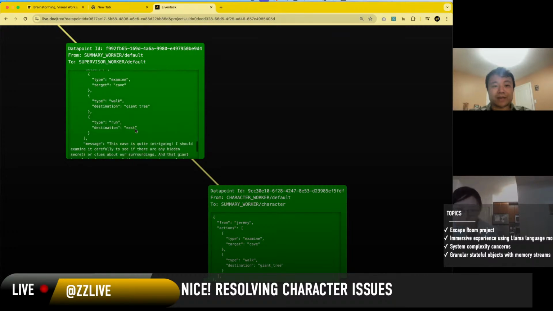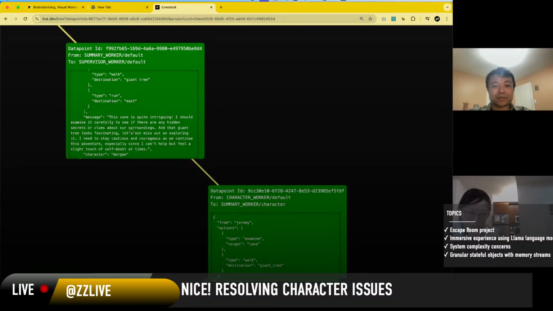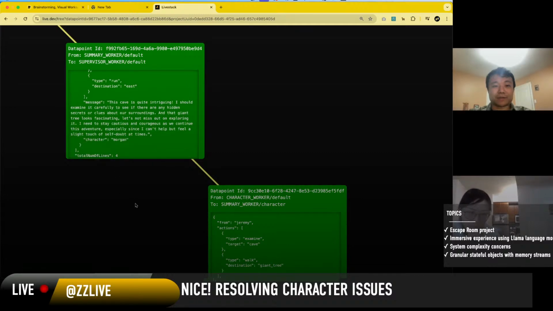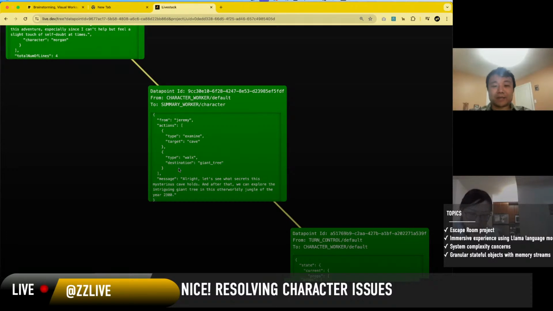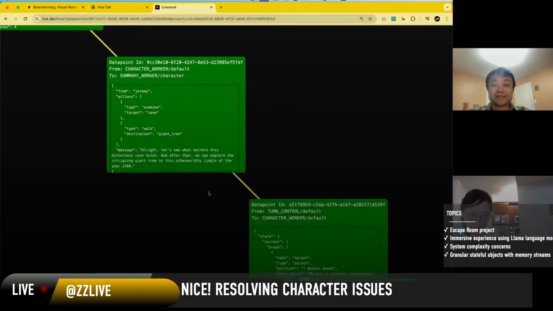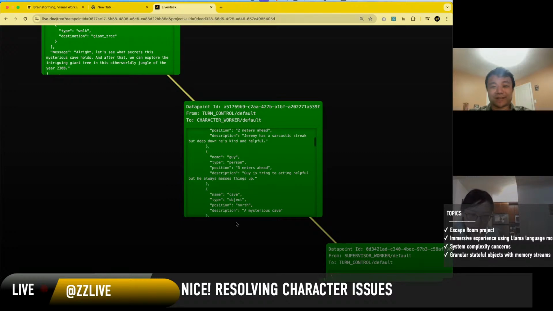This cave is quite interesting. I should examine it carefully. And there's Morgan. And then this is Jeremy. All right, let's see what secrets this mystery holds. After that, we can explore the intriguing giant tree. Okay, they keep doing this over and over. That's our problem, right?